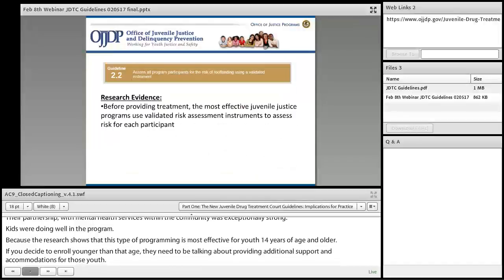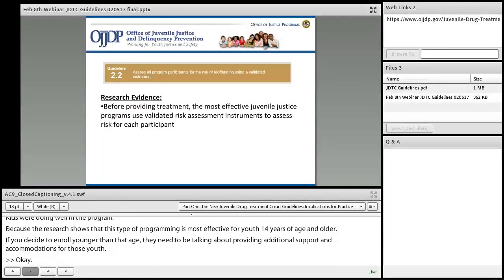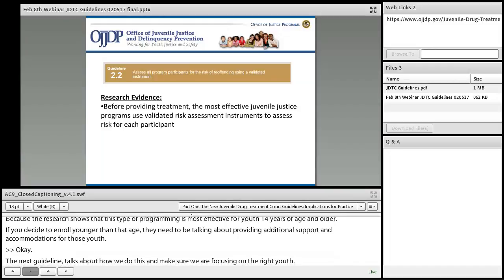All right, so the next few guidelines really talk about how we do that. How do we make sure that we're focusing on the right youth? So Guideline 2.2 is that you're assessing all program participants for the risk of reoffending using a validated instrument.